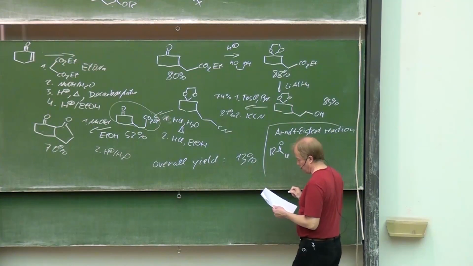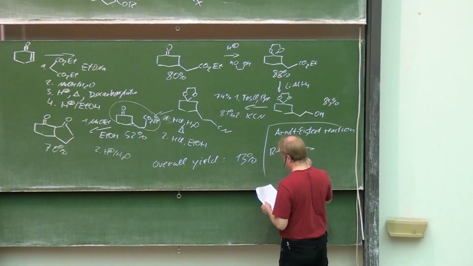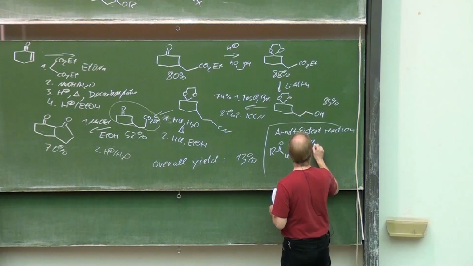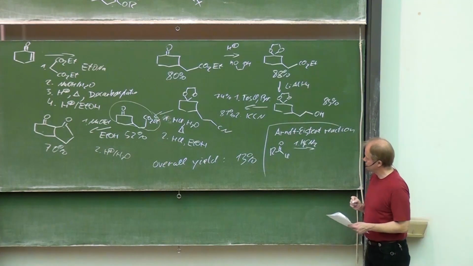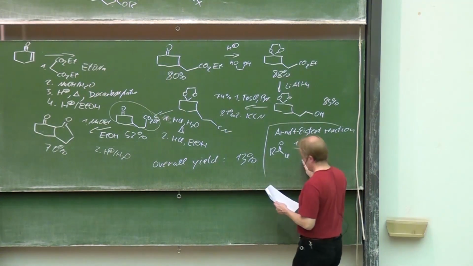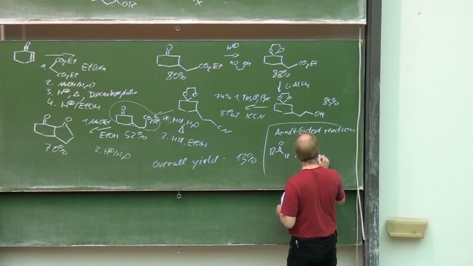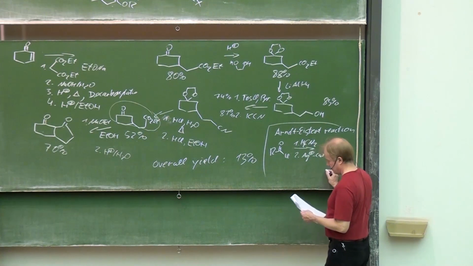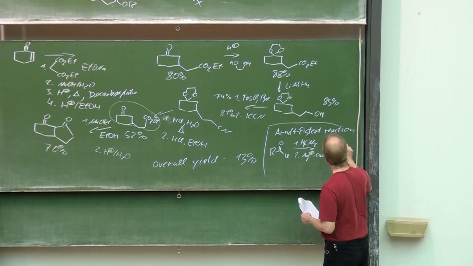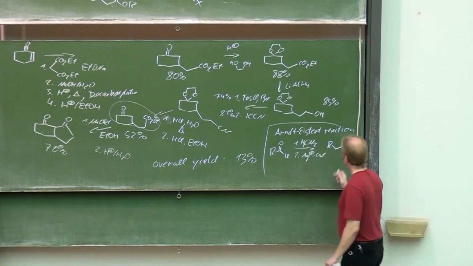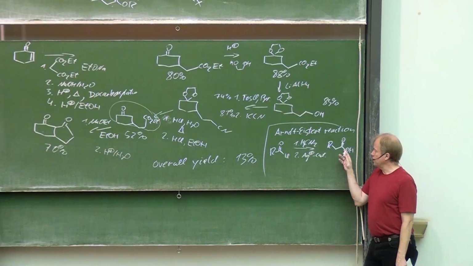You need an acid chloride. Let this react with diazomethane. Secondly, treat the intermediate under silver catalysis, then you will get to the elongated carboxylic acid, with one CH2 group more introduced here.